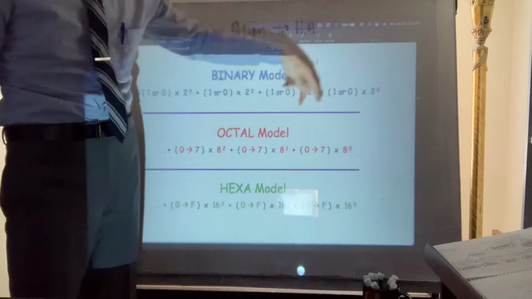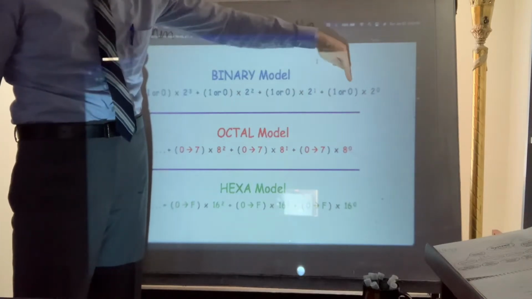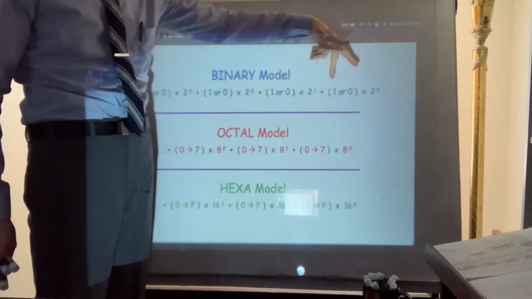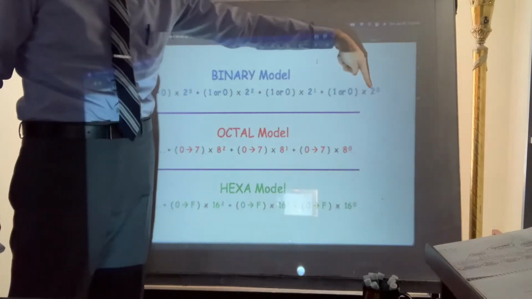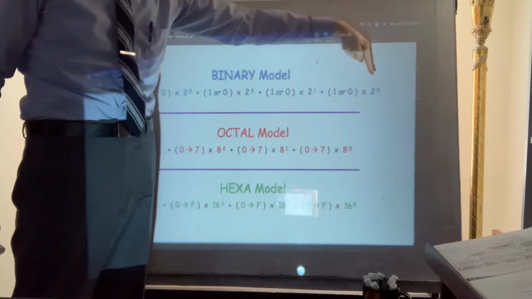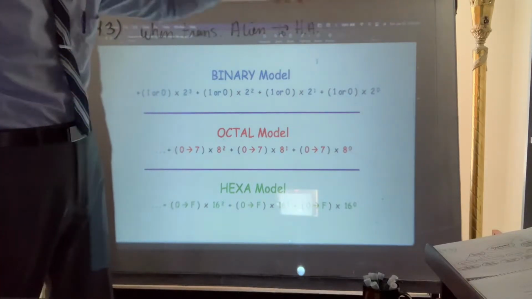You're going to take the position of the digit that happens to be 1 or 0, and ultimately, working right to left, multiply by a power of 2, starting at the 0th, and then building it up.